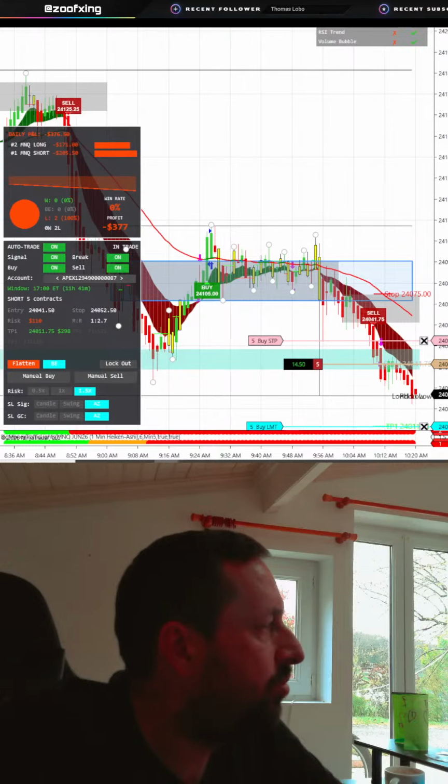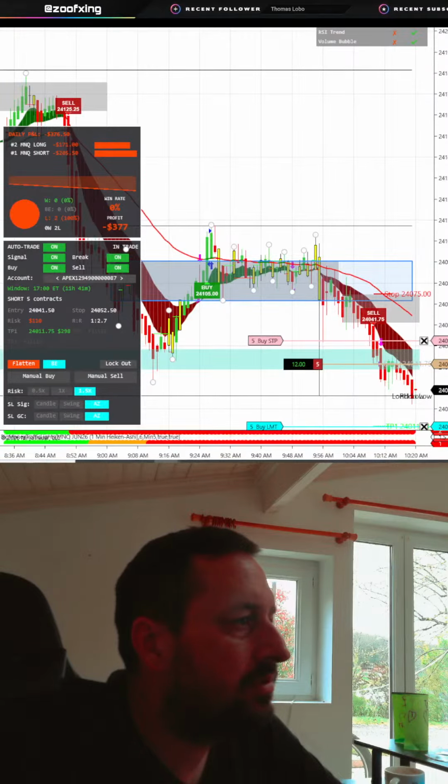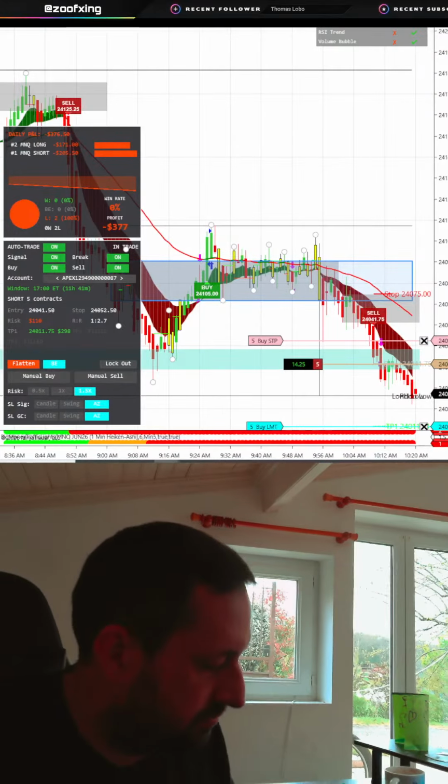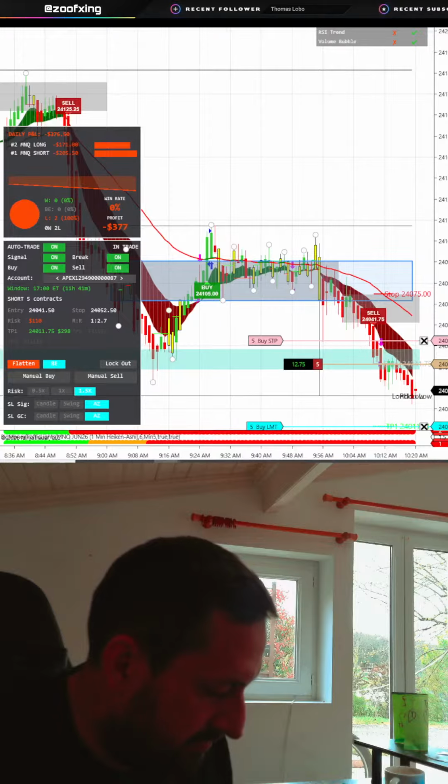So next candle will put us above the 4 hour. Risk has currently dropped to 110. So right now, if we hit TP, we're at 1 to 2.7.